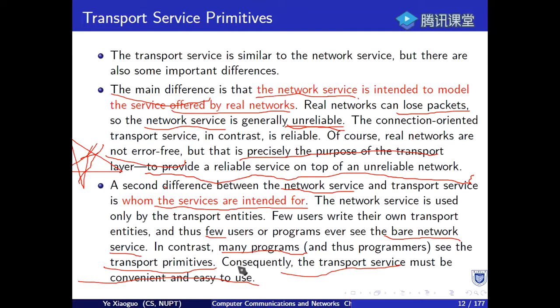So in experiment 4, the last experiment, we can use some transport primitives to code a pair of networking programs, a client and a server, for the last experiment.